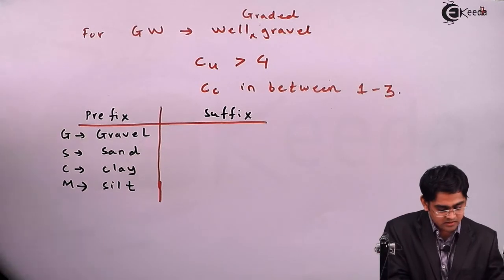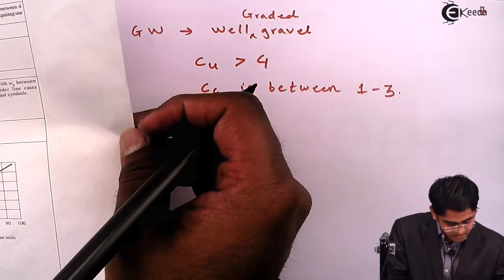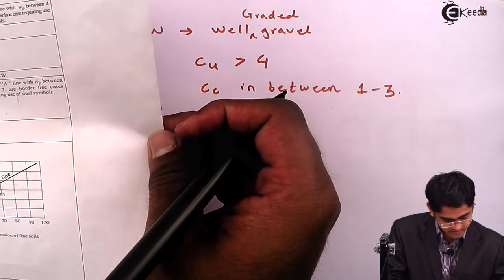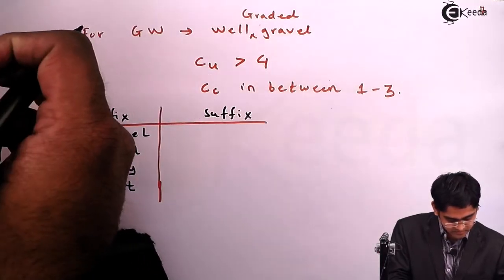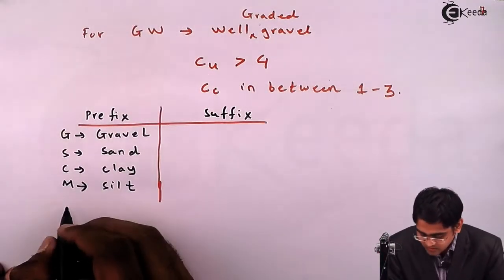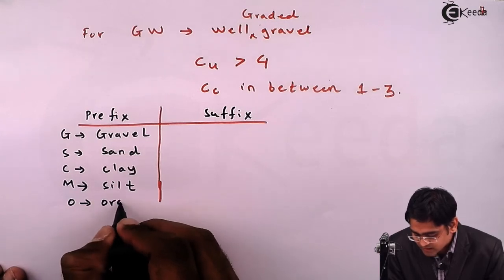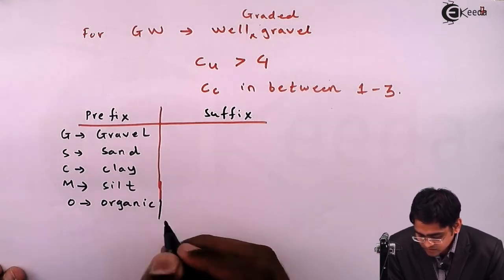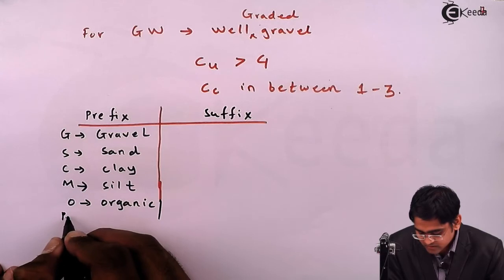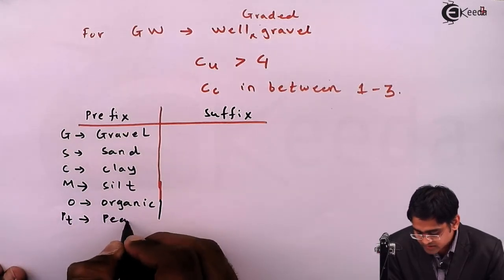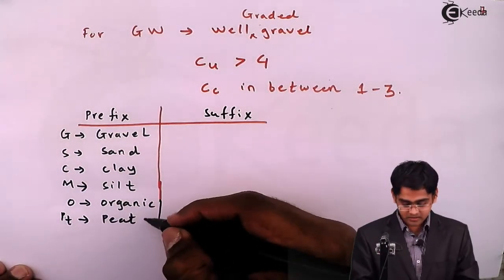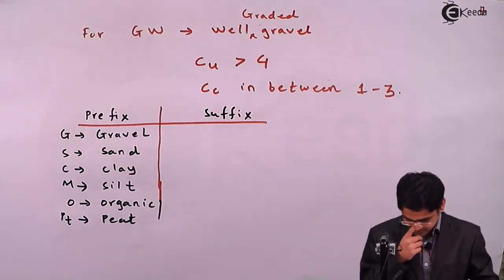And in that we also have O, meaning organic, and also Pt, that means peat. So peat and organic are nothing but the organic soil classifications.